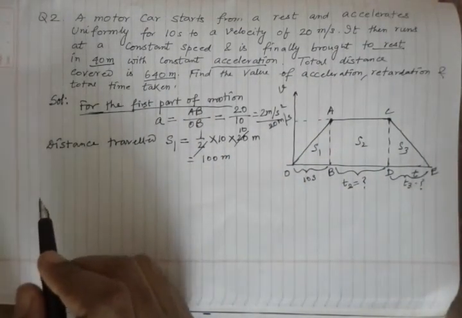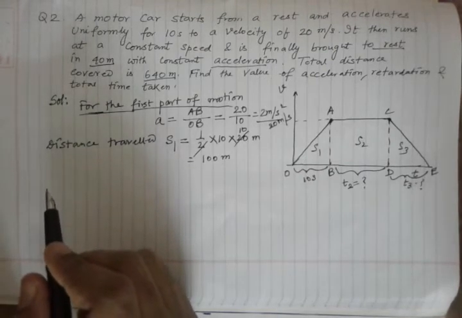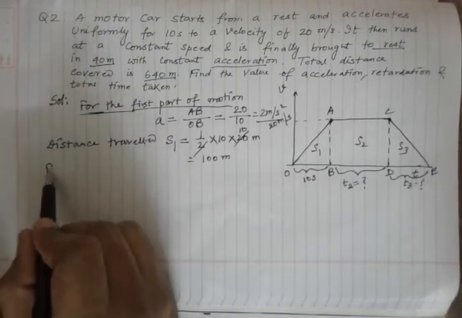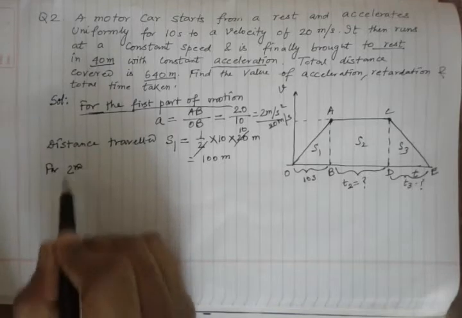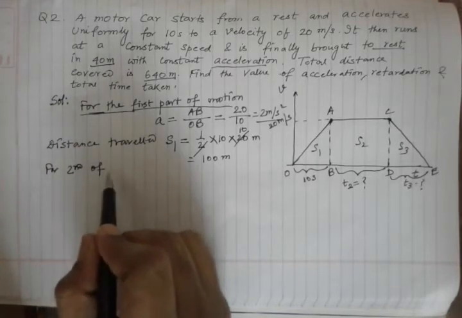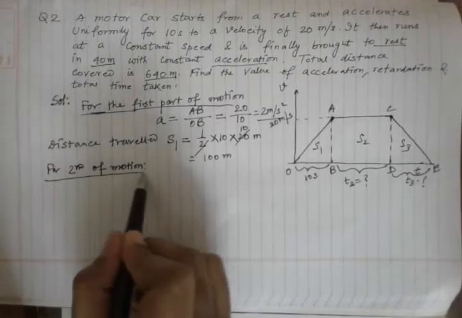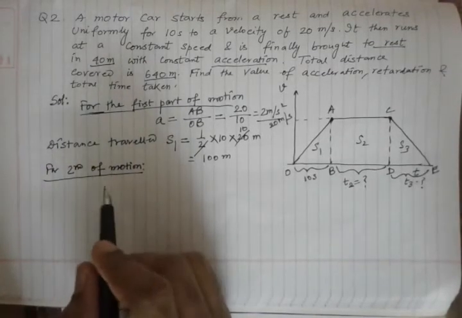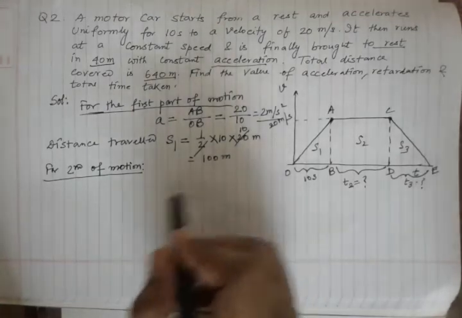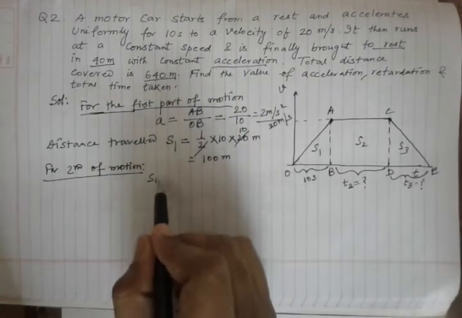Now in the next case, you can write for the second part of motion. What you can write? S1 is 100 meter.